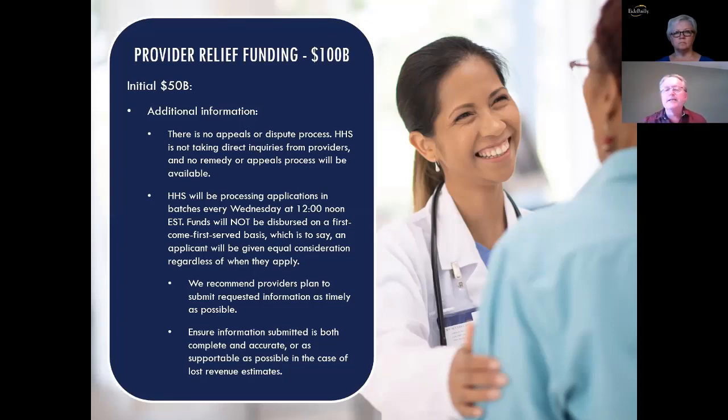The reason being is that once the money runs out, it runs out. So while it may not be, in essence, first come, first served, when the money is gone, the money is gone. Also, ensure that the information submitted is both complete and accurate, or at least put together as much supportable information as possible in the case of lost revenues, because obviously that's not an exact science. You're going to have to be able to lay that out.